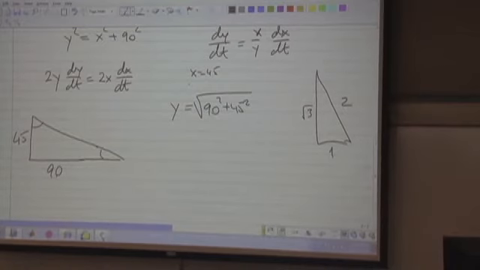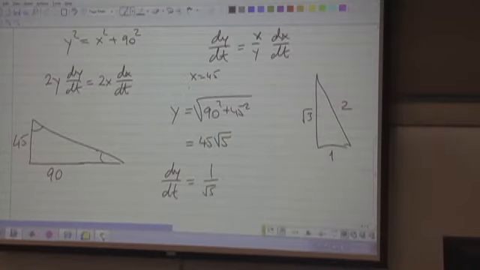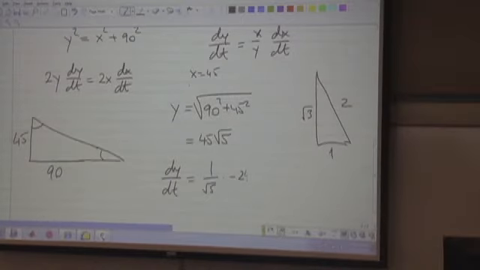So it's equal to 45 square root of 5, and so dy over dt then is going to equal 1 over the square root of 5 times negative, what was it, 24? 24 feet per second. Does this make sense?